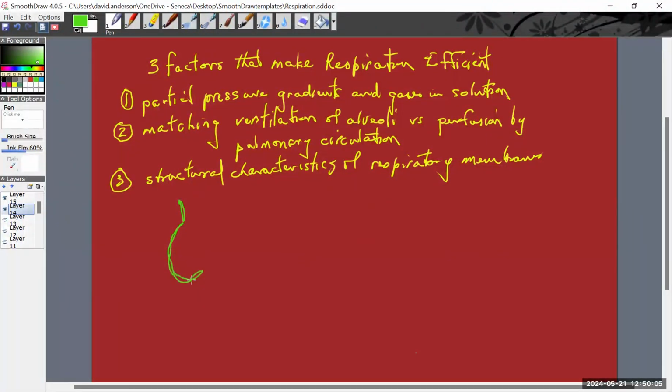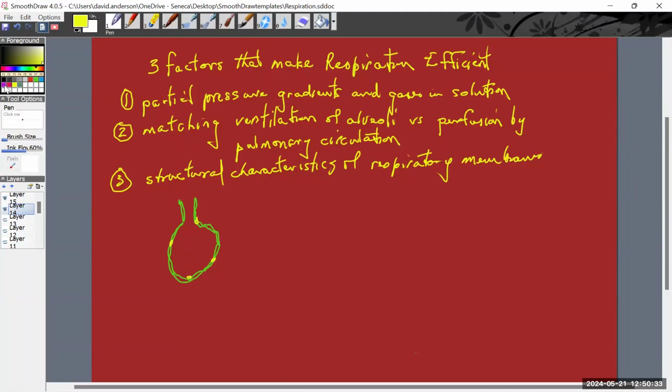Remember, these were our type 1 alveoli or type 1 pneumocytes, and our respiratory bronchiole. And we might have a couple of type 2 cells interspersed that are responsible for producing the surfactant.